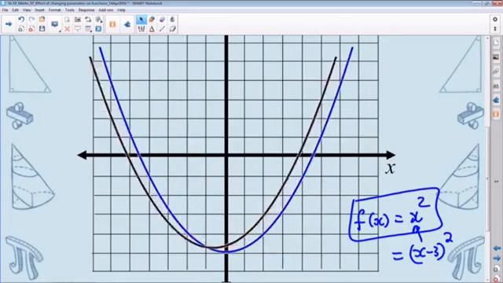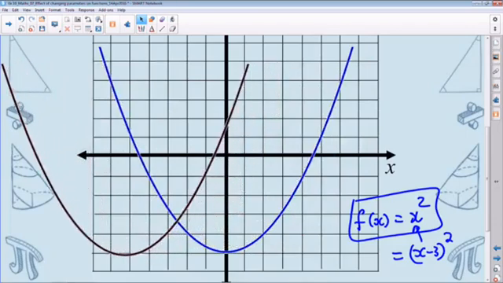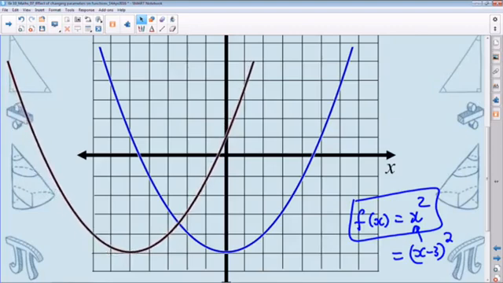And now, let's say I take the very same graph, bring it back, and then I'm moving it, that's 1, 2, 3, 4, 5. I'm moving it 5 units to the left.